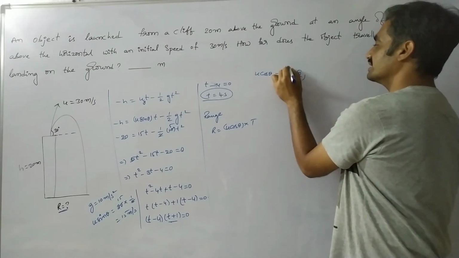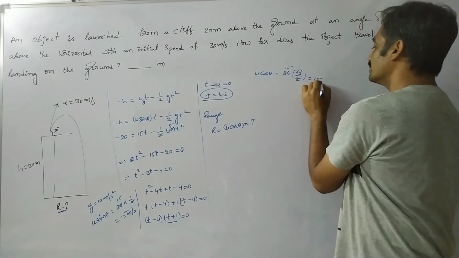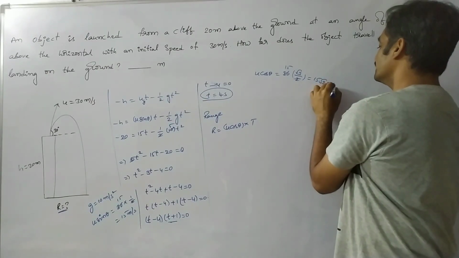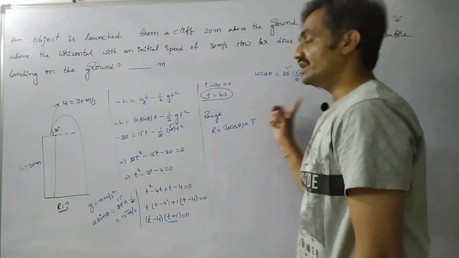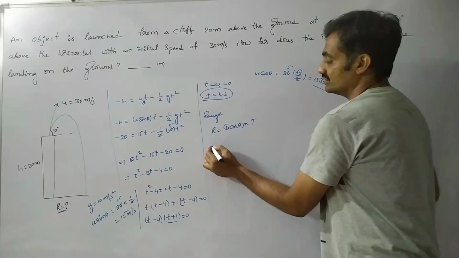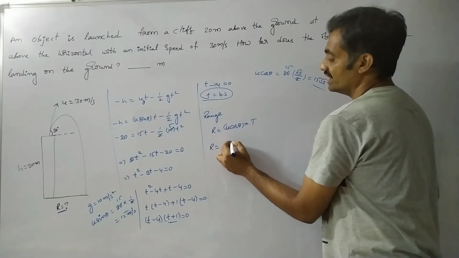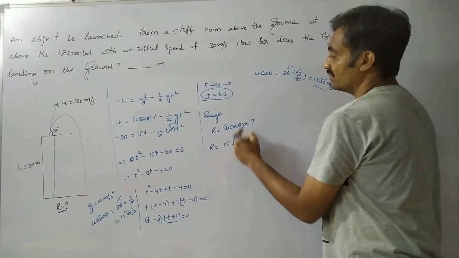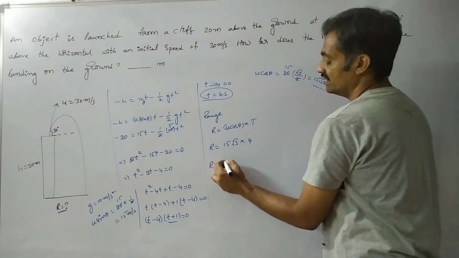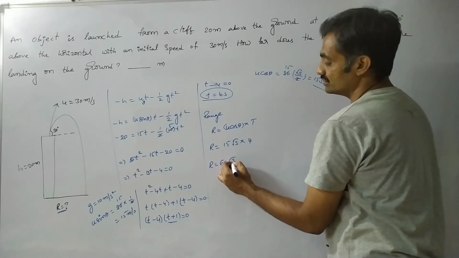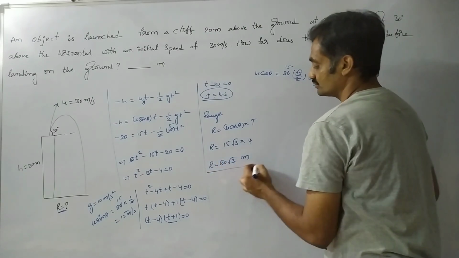So if we cancel, we get 15 root 3 meters per second. So the horizontal velocity is 15 root 3 meters per second. If I substitute here, we have 15 root 3 into the time of flight, 4 seconds. 15 fours are 60. Then we get the range as 60 root 3 meters.